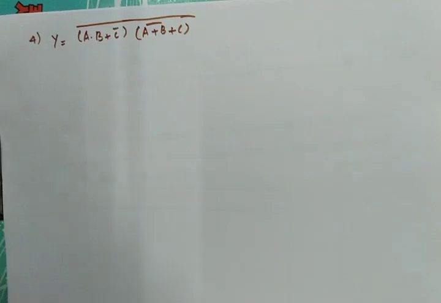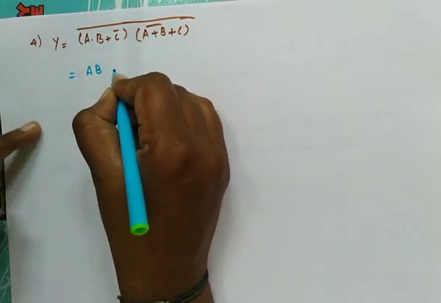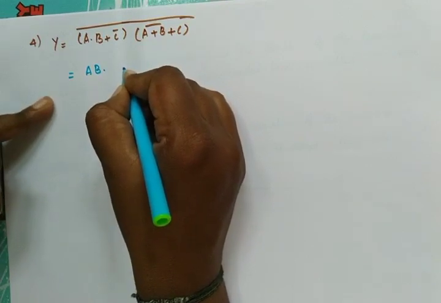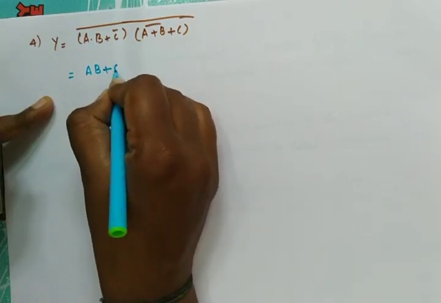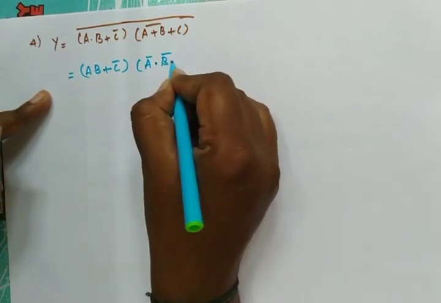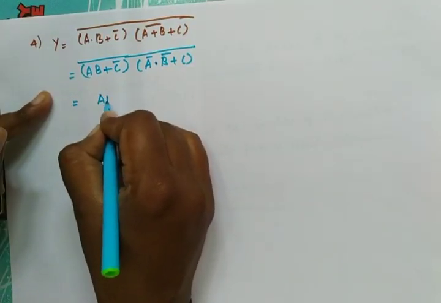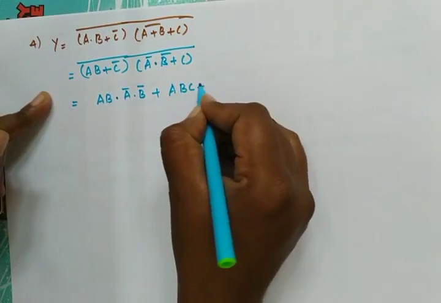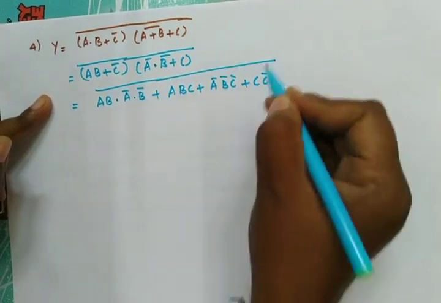Now let us solve this, which is equal to AB into AB plus C bar into A bar dot B bar plus C the whole bar, which is equal to AB into A bar dot B bar plus ABC plus A bar B bar C bar plus C bar the whole bar.